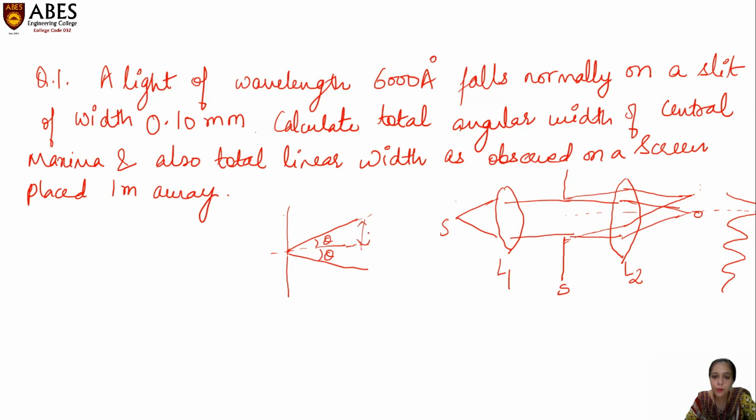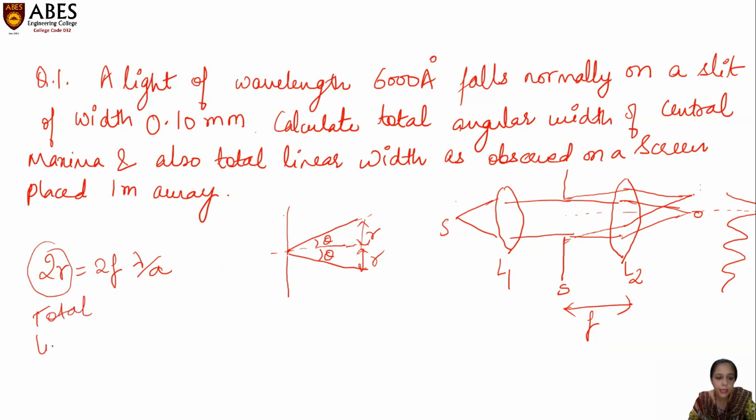And if we talk about linear parts, we can say this will be R. If the focal length of the lens L is F, then simply we can say 2R is equal to 2F lambda by a. So 2R is the total linear width.